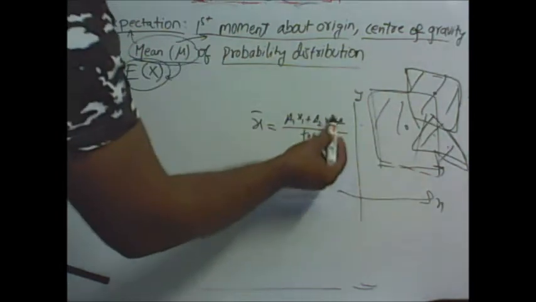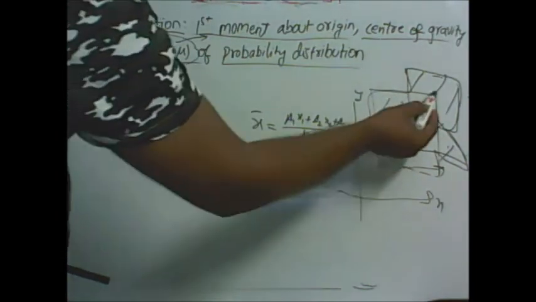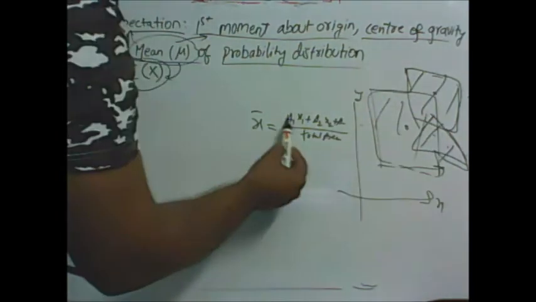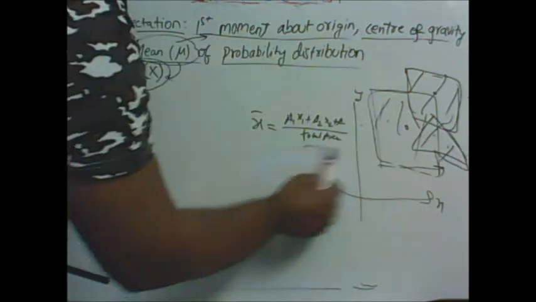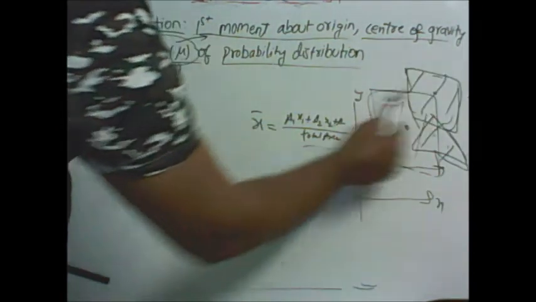Here x1, x2, x3 are nothing but the centroids of those particular areas, and a1, a2, a3 are nothing but the areas. So this total area means the total of these.